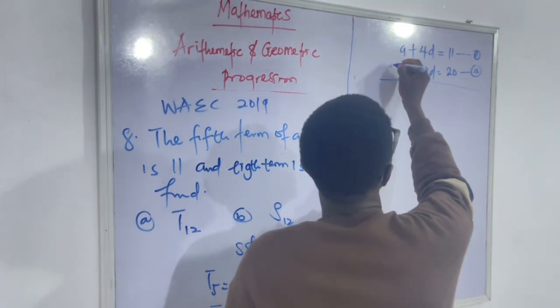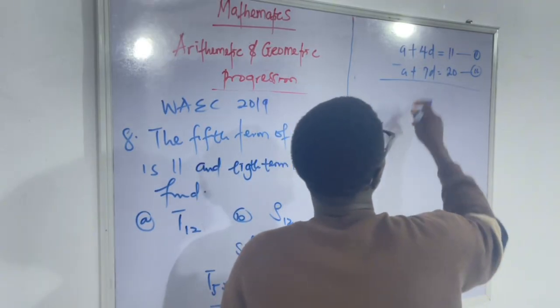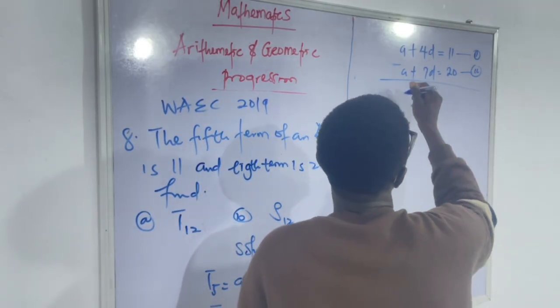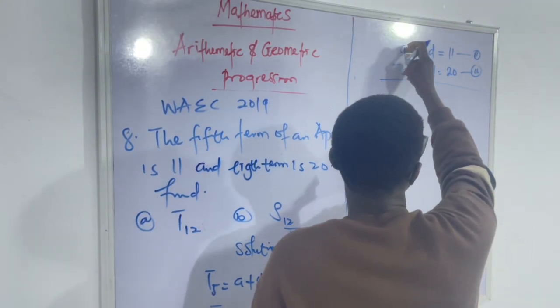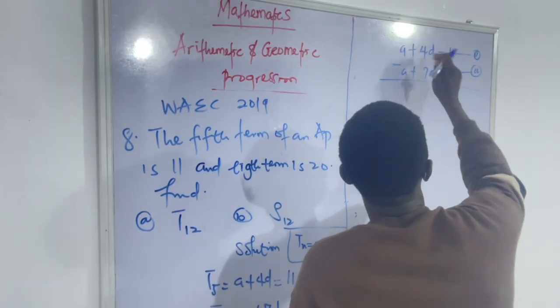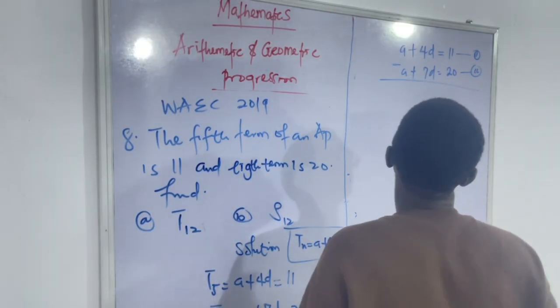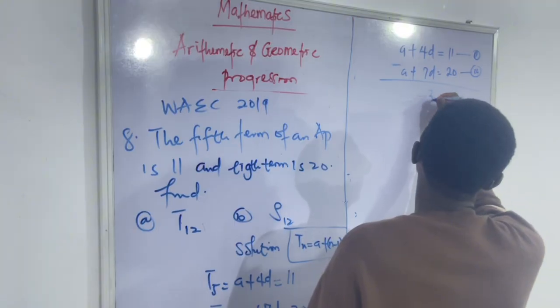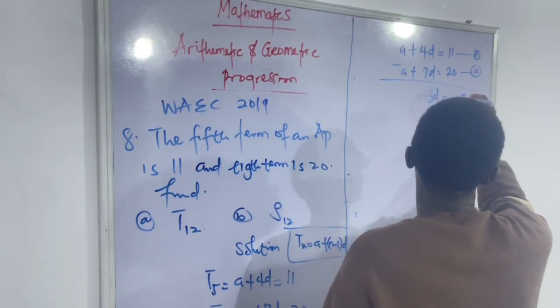Are we together? So definitely equation 2 is bigger than equation 1. A minus A has cancelled because they are of the same coefficient. Now 4D minus 7D, that's minus 3D, and 11 minus 20, that's minus 9.